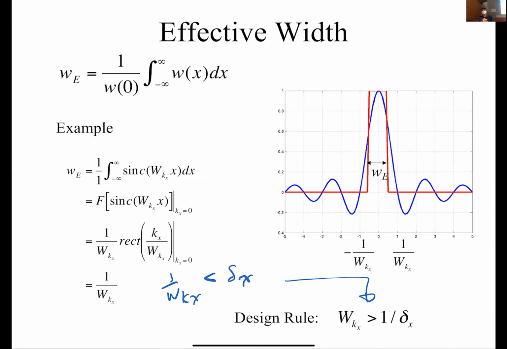But the cost is time. If I make WK too big, then it takes more time. If I make delta k too small, it also takes more time. So even though there's a greater than sign there, I don't want to go too far beyond that boundary. Generally for any design problem, you can just set wkx equal to 1 over delta x.